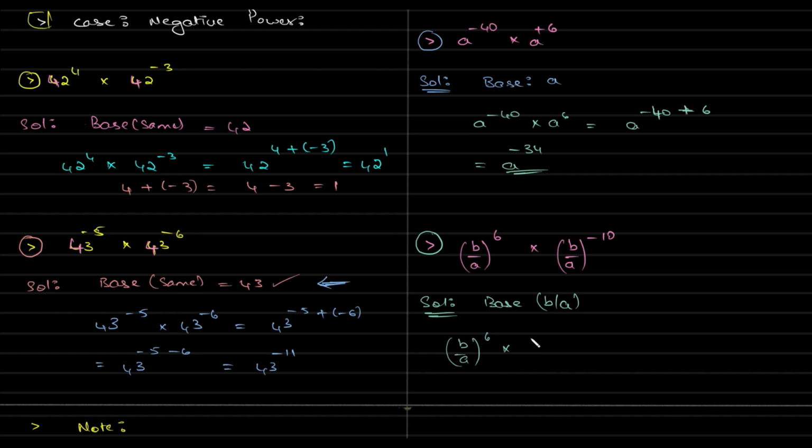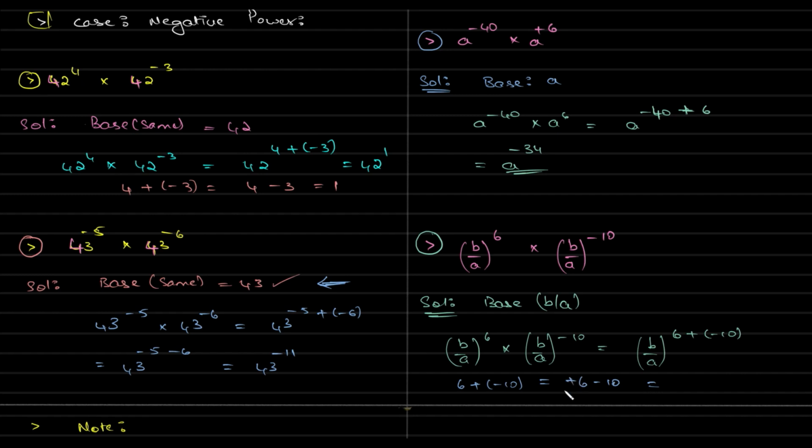First we need to write the question. So b by a whole to the power of 6 plus minus 10. So you can do that operation separately. So we have 6 plus of negative 10, which is nothing but 6 minus 10.